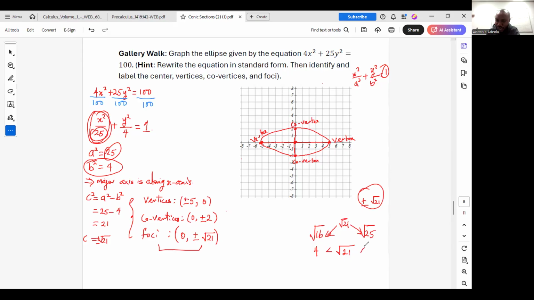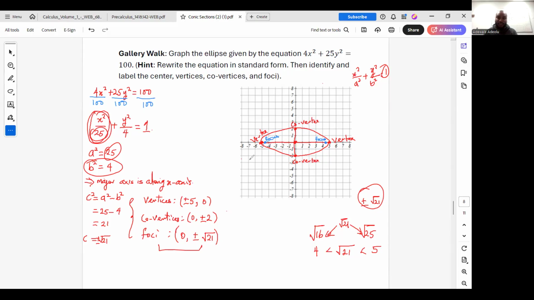So I should be having something like this. So it is between 4 and 5. So that is my focus.